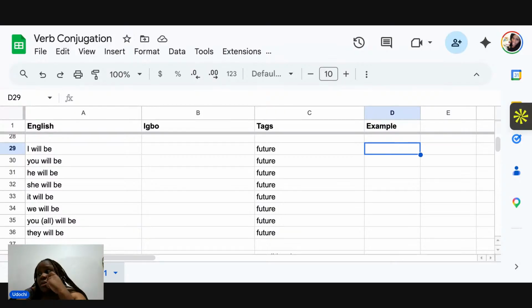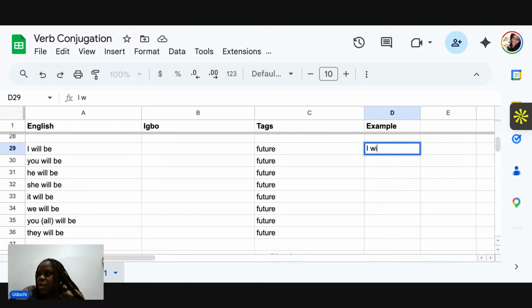I will be coming, right? I will be, so we'll say I will come, future tense, right? I will come, not I will be coming, because that's a completely different statement. But I will come.